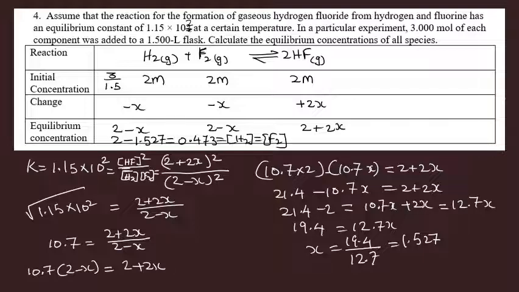And now for the product side, what we can do is we can substitute the same way. 2 plus 2 times 1.527, that equal 2 plus 2 times 1.527 will be 3.054, that equal 5.054 molar. So we have the equilibrium concentration of all species.